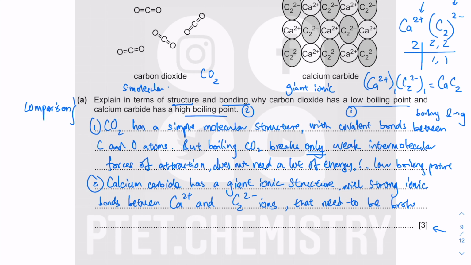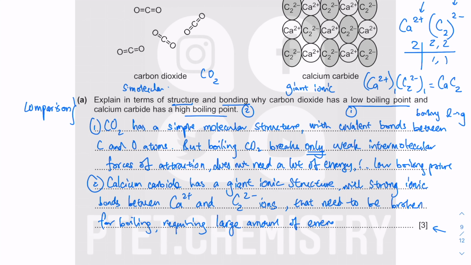Because when you want to go from liquid to gas, you're going from something where the particles can slide past each other but still pretty close to each other but not tightly packed, to gaseous particles that are very far apart, moving randomly at very high speed. So you need to break the attraction between the ions in the liquid state. All right, that needs to be broken for boiling, requiring a large amount of energy.